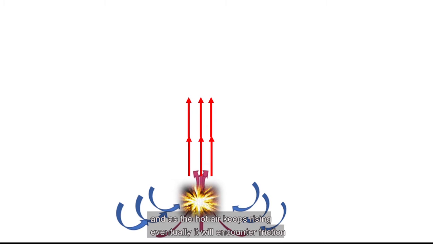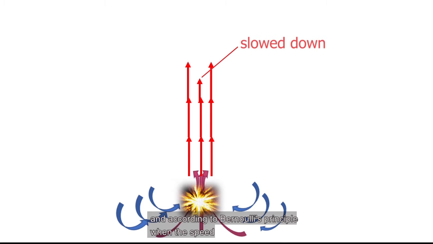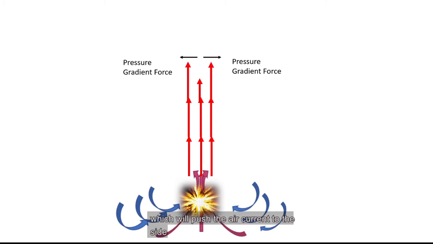And as the hot air keeps rising, eventually it will encounter friction from the upper-level, almost stationary atmosphere, and the friction will slow down the air current, especially the middle part. And according to Bernoulli's principle, when the speed of the air decreases, the pressure will actually increase. So the middle part now has greater pressure. It will exert a pressure gradient force to the side, which will push the air current to the side.